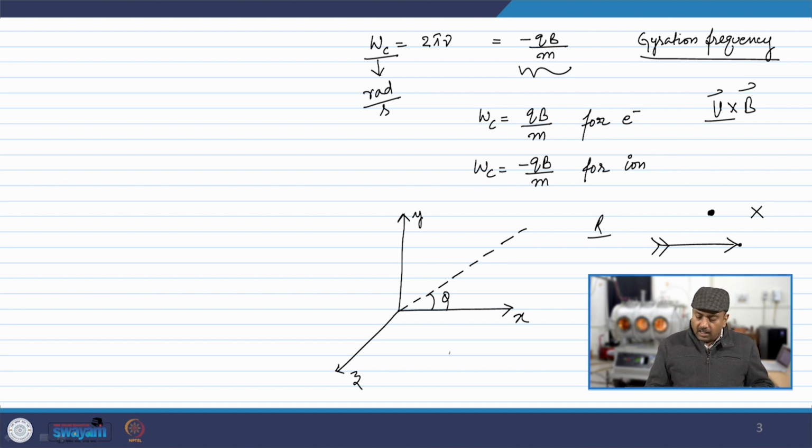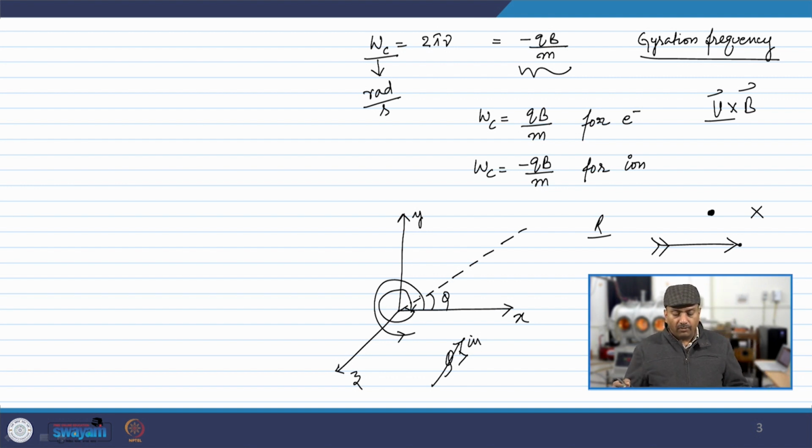Now, the increasing direction of phi denotes one direction of rotation, and the decreasing phi, let us say in another direction exactly opposite to this, will indicate another direction of rotation.